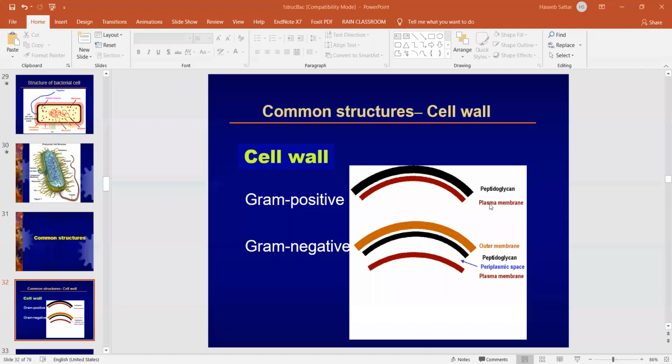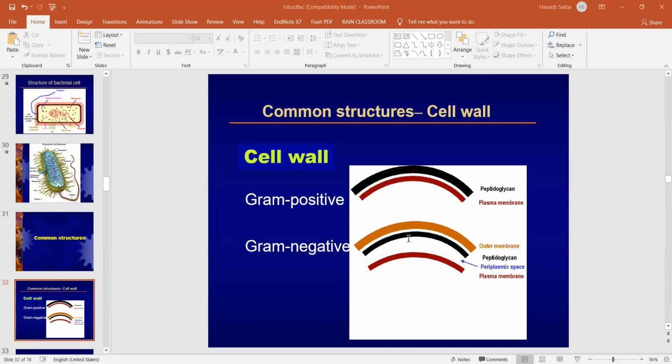So what is peptidoglycan? As the name suggests, pepti means protein, amino acid, and glycan means sugar. Later we will discuss it. So the cell wall of bacteria is made up of peptidoglycan, both for gram negative and gram positive.